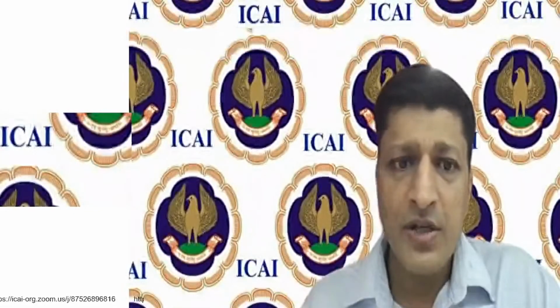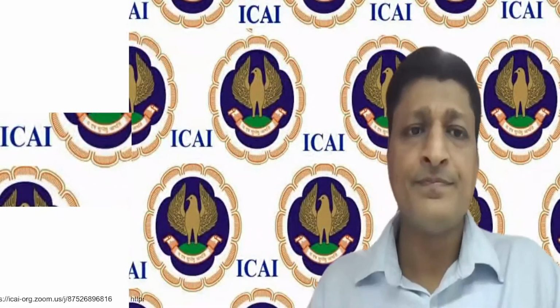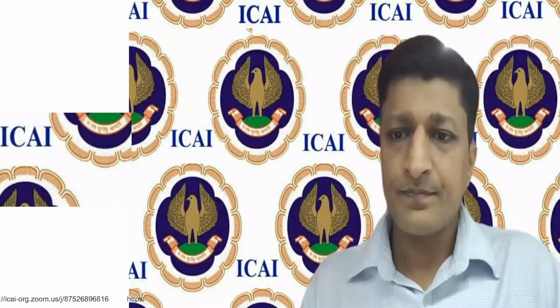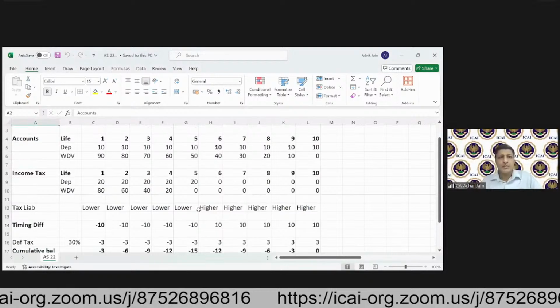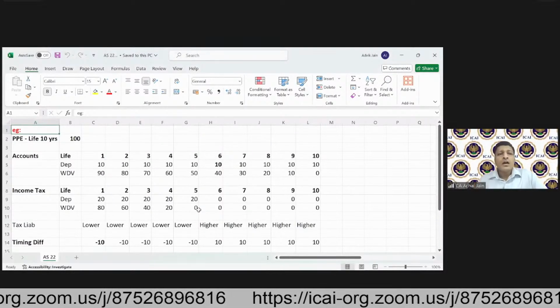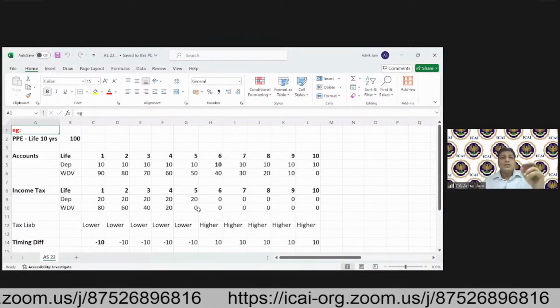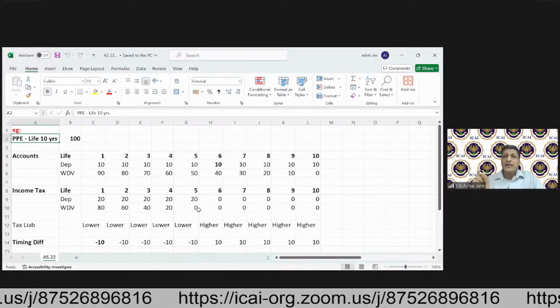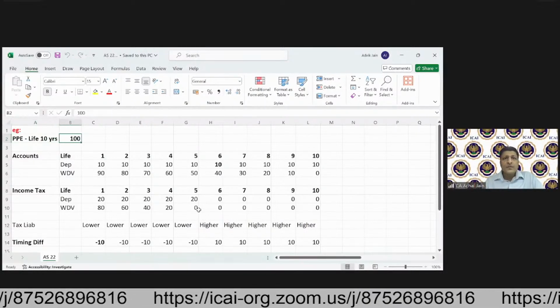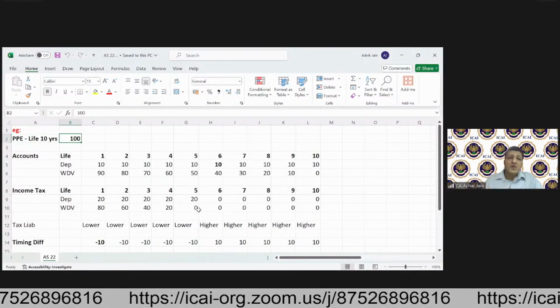So I'll just share one working file now. All right, so let's look at it. Look at this example. Now, in this example, there is an item of property, plant and equipment. Amount of that item is 100.